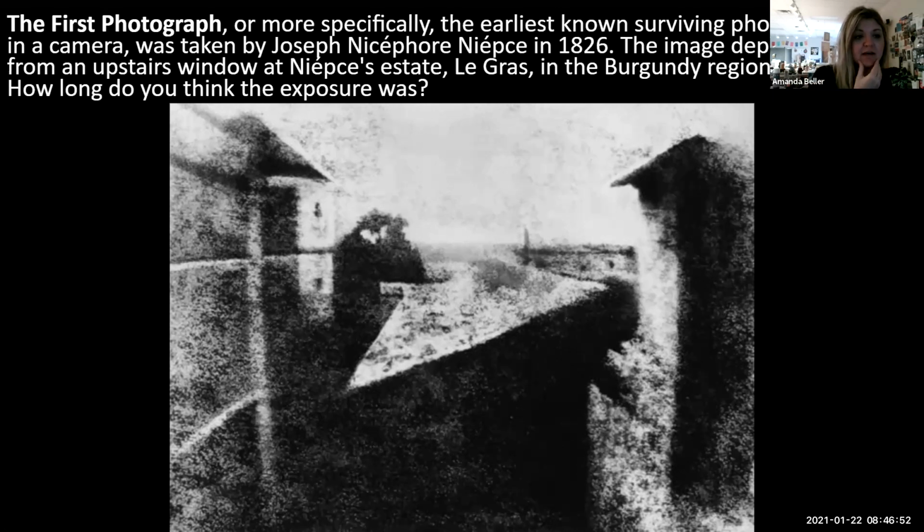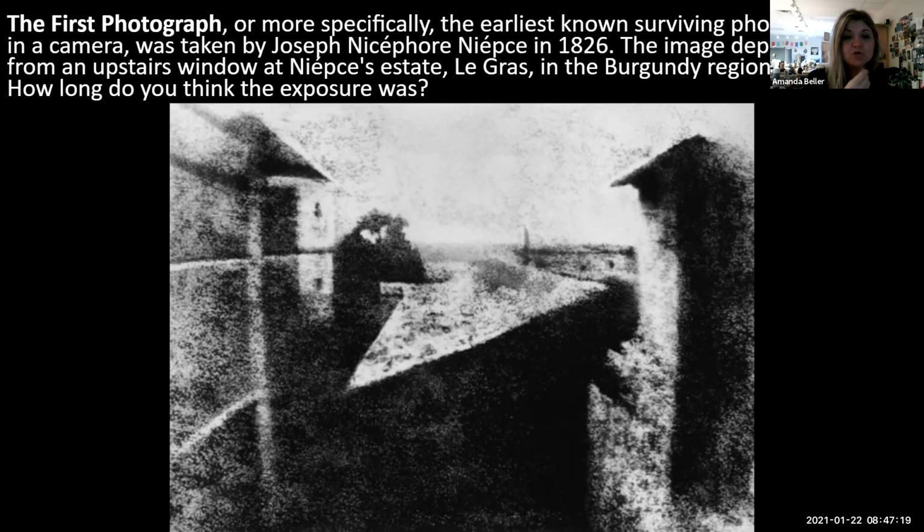He took this utilizing the camera obscura idea that we know has been around since late Renaissance, where you kind of turn a room into a dark room. We saw that with Vermeer, but he figures out the light sensitive plate to record that image. It's very hazy. It's hard to even see what's going on, but this is looking out of the second floor of his home. So out towards the landscape.